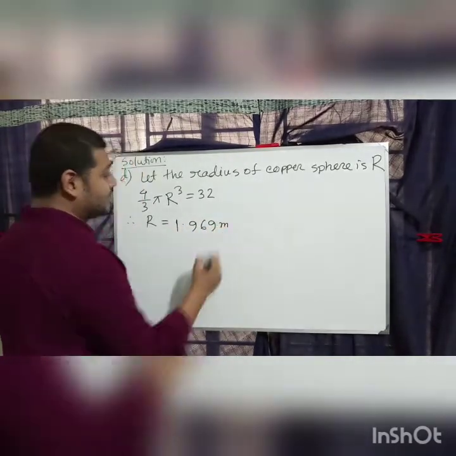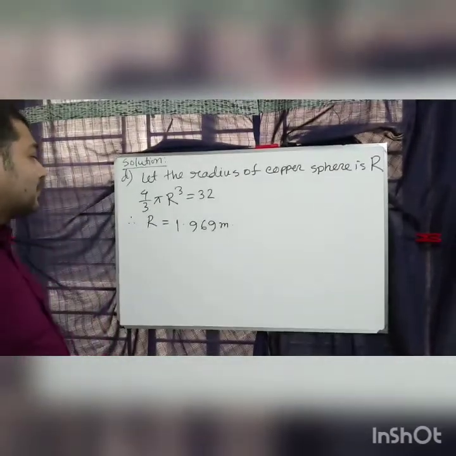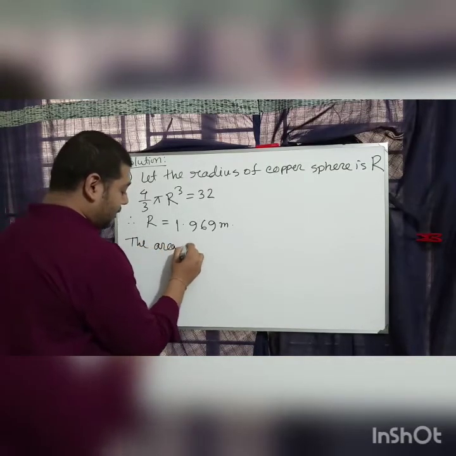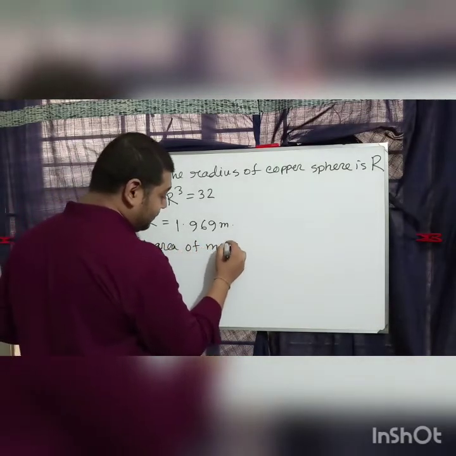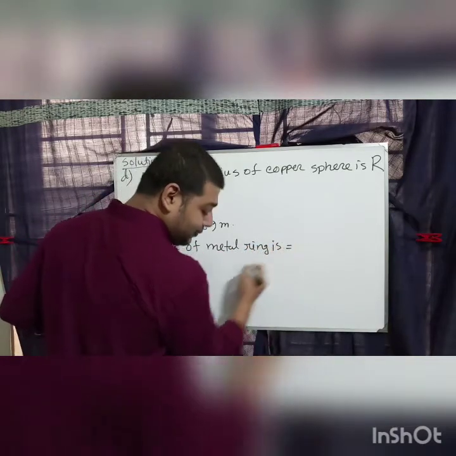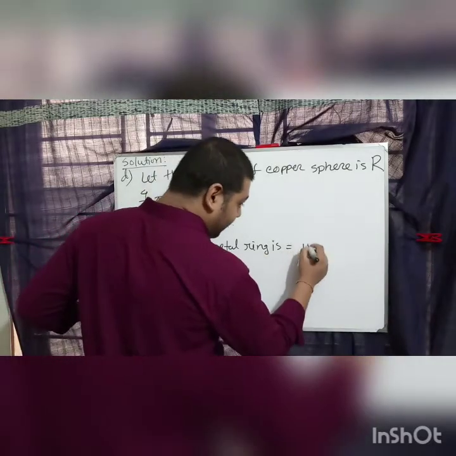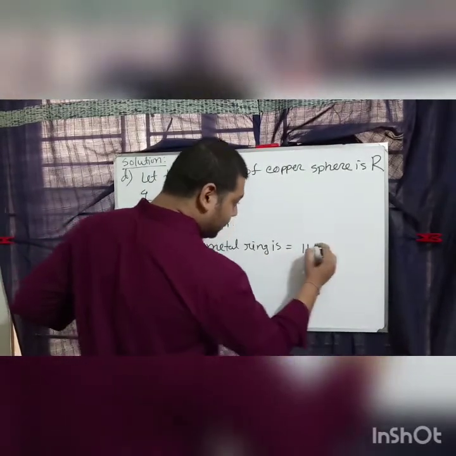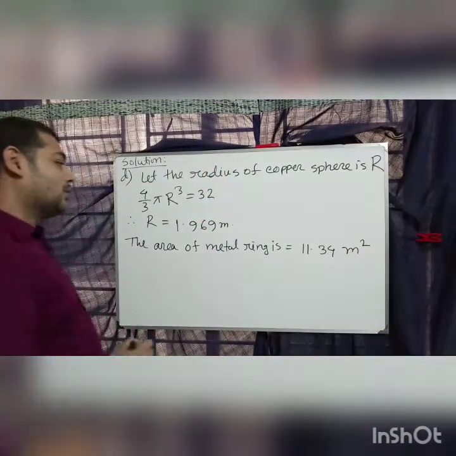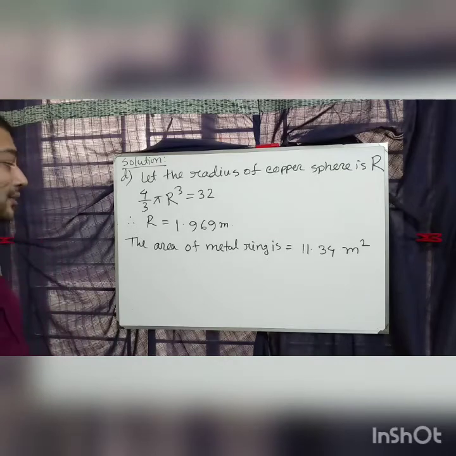we get R equal to 1.969 meter. Again, here it is given that the area of the metal ring is 11.34 meter square. We know that the formula of area is pi r square.